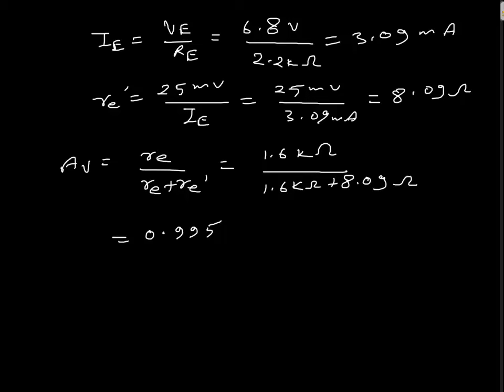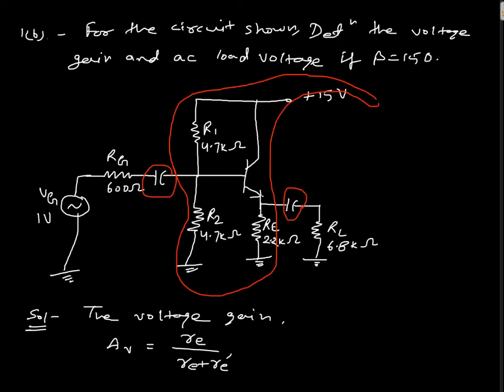One thing we can see here is that it is the common collector or emitter follower. In an emitter follower the voltage gain is almost equal to 1. Here also the voltage gain came as 0.995. So this is the first part of the question, which is to find the voltage gain.